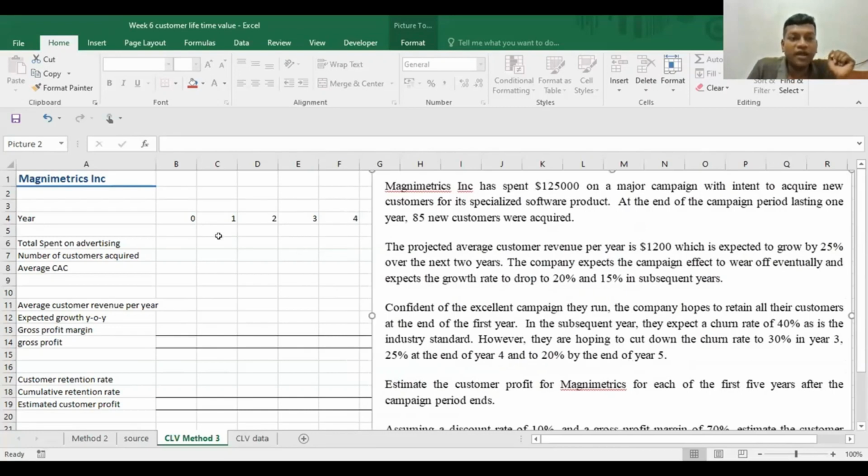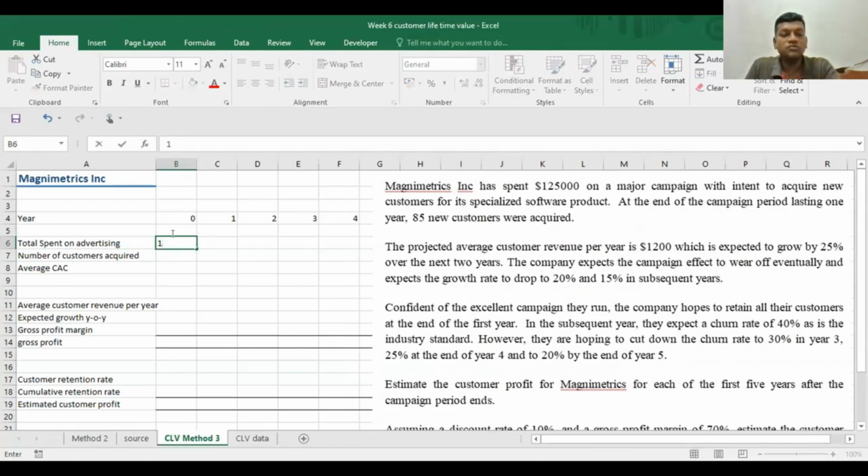So total spent on advertising was 125,000. Number of customers acquired is 85.